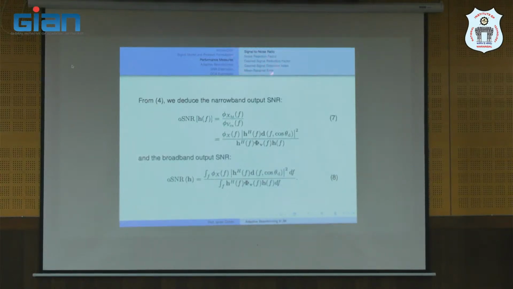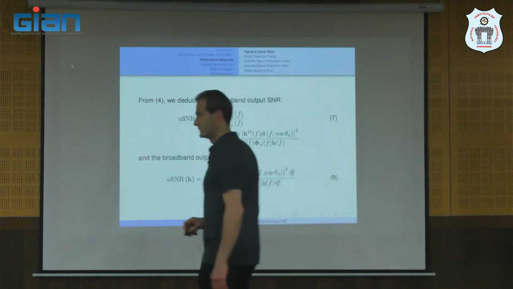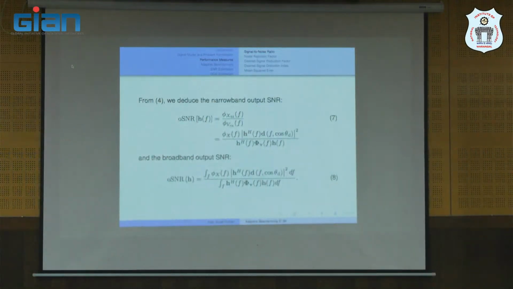But all these performance measures are true and defined for an environment without any reflections. And now that we define these performance measures, we can find adaptive beamformers that optimize these performance measures. Let's see what type of beamformers we can have.